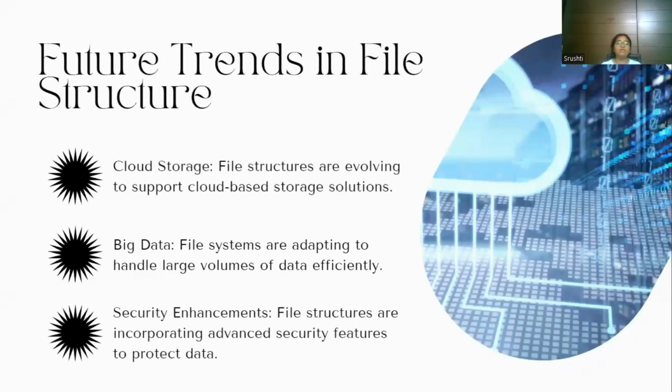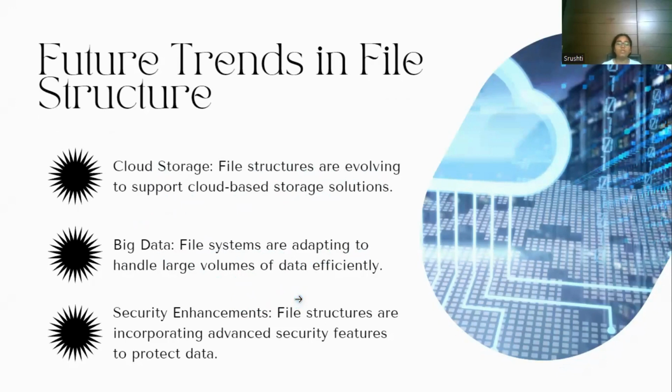Now let's learn about the future trends in file structure. First one is the cloud storage. We all know about cloud storage. Cloud storage allows maximum amount of storage. For cloud storage, file structures are evolving to support cloud-based storage solutions. Big data. File systems are adapting to handle larger volumes of data efficiently. Next one is security enhancement.